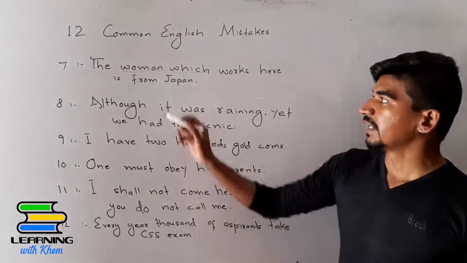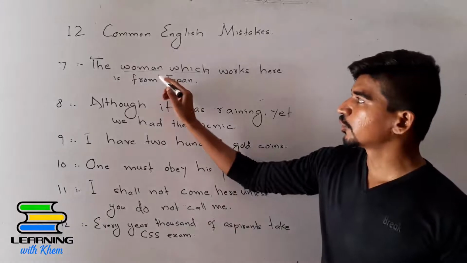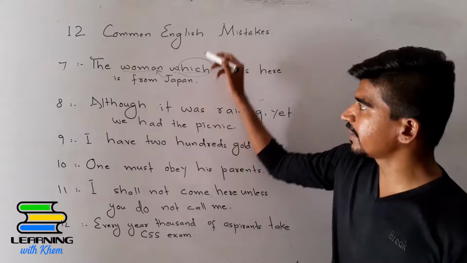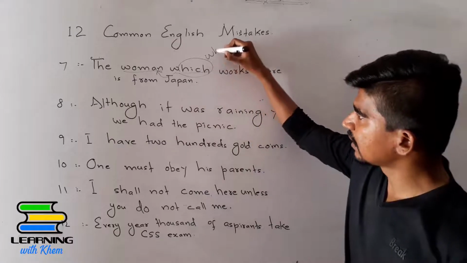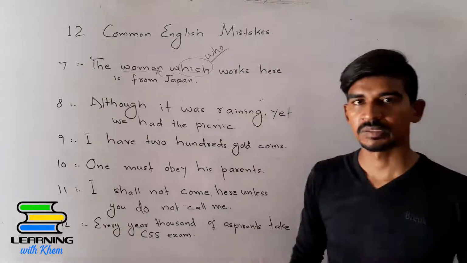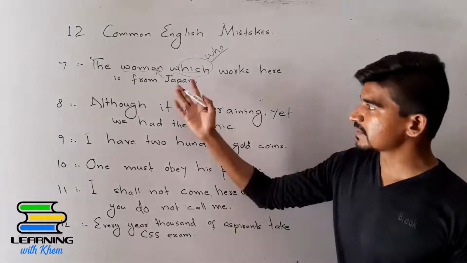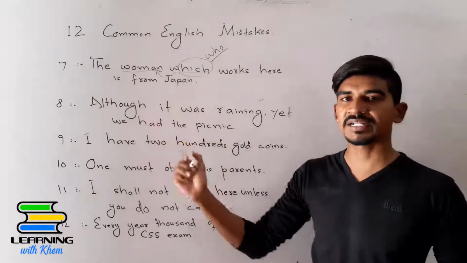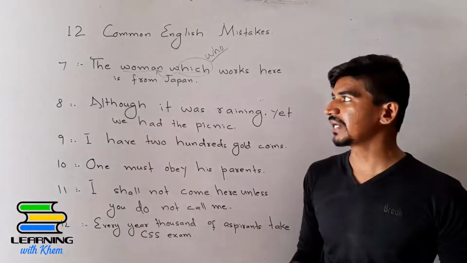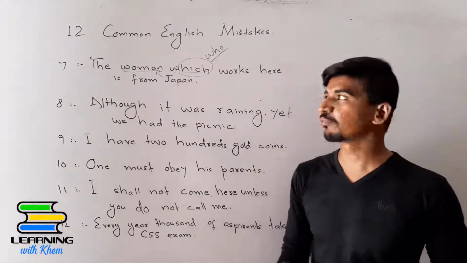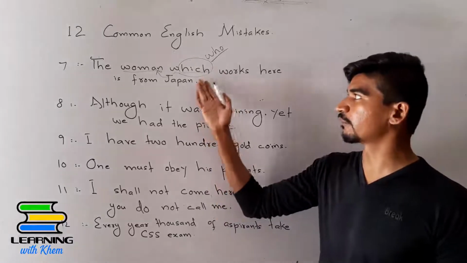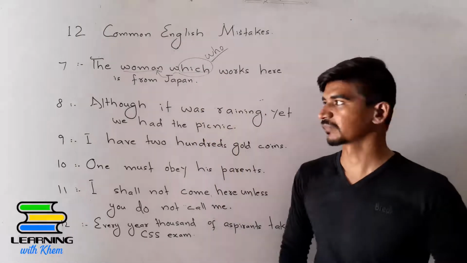That's why, in order to refer to a person, we have to replace the word "which" with the word "who." Because there is a person, we will write "who." If there would have been a non-living object, then we would have written "which." And if there would have been animals, then we could have written "that."